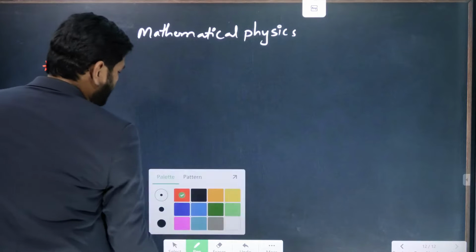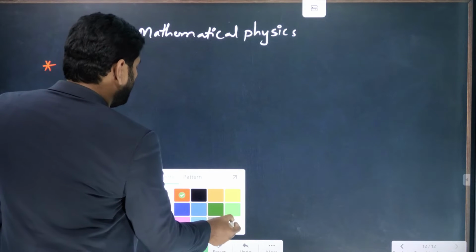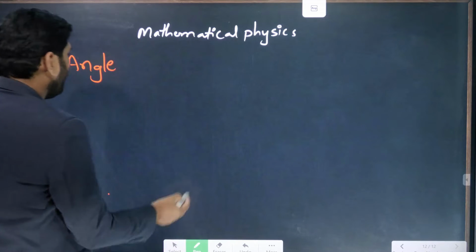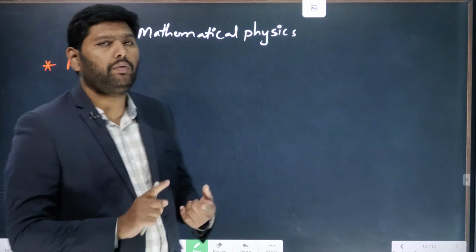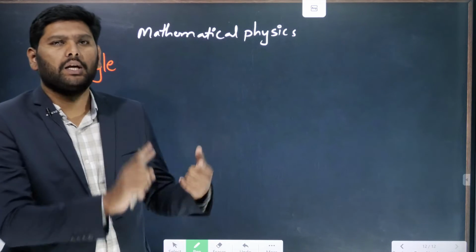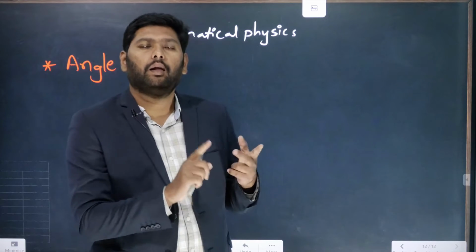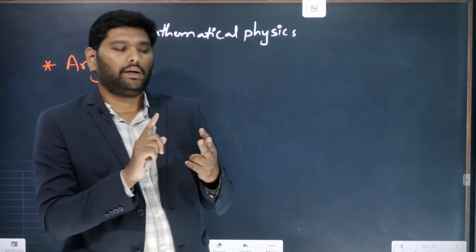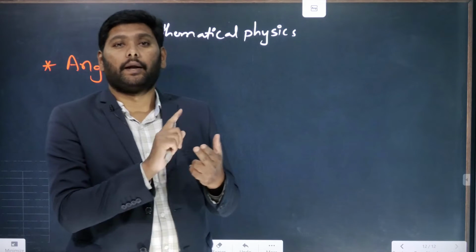So what is this angle? In physics we have two types of angles. The very first one is plane angle, and the second one is solid angle.